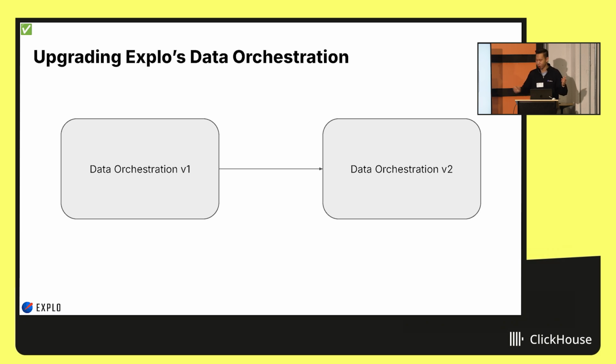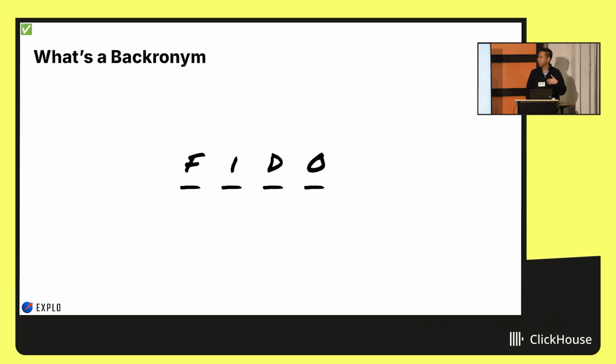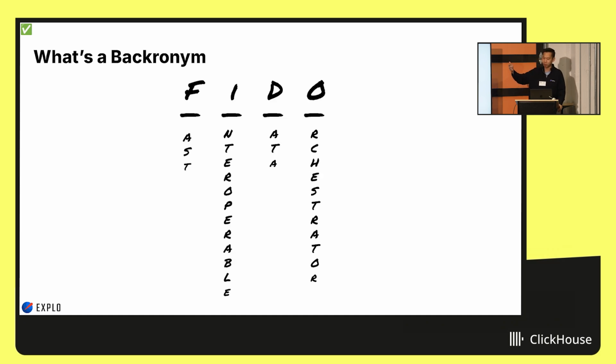Quick aside that I think is a funny anecdote: the name's pretty boring, so internally we call this FIDO. What does FIDO mean? Why do we call it that? We've actually started to call it that externally as well. I didn't personally know this, but there's a concept called a backronym, where you create an acronym that you want, and then you find words to fit into that mold. Our engineering team is very interested in dog-related acronyms, so FIDO is the Fast Interoperable Data Orchestrator.